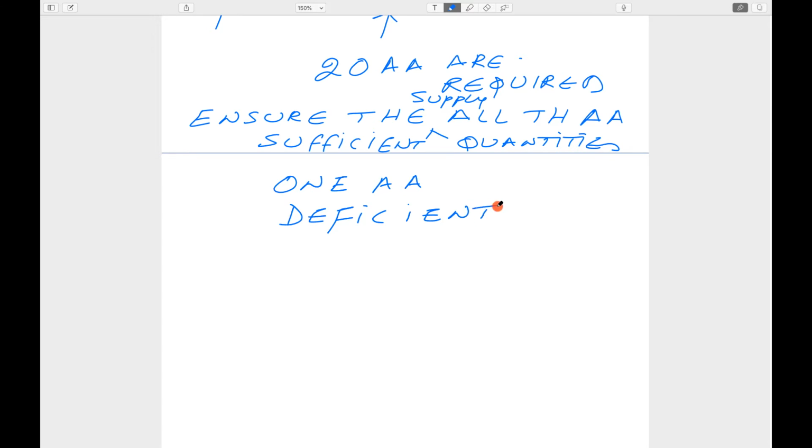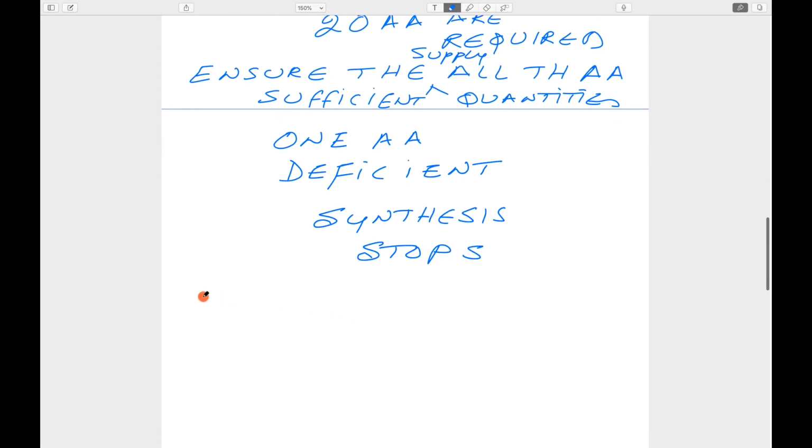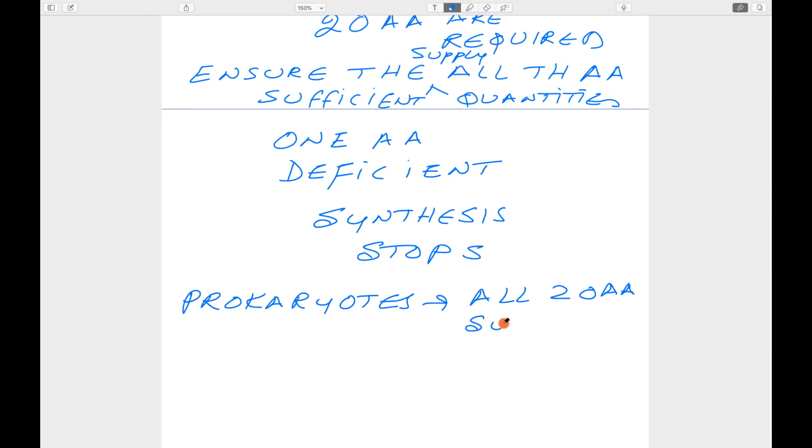No, the synthesis stops. That means all the 20 amino acids shall be present at the site of protein synthesis. Whereas in prokaryotes there is no such aspect, because all the 20 amino acids are synthesized. So that is about the prokaryotic system.